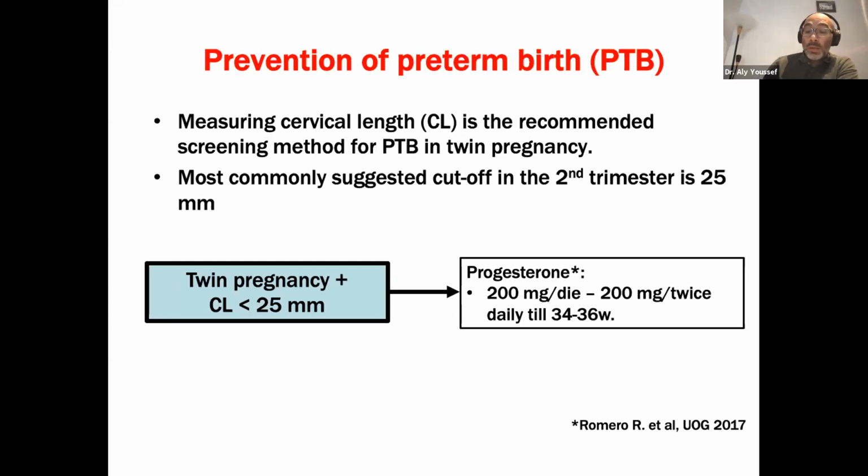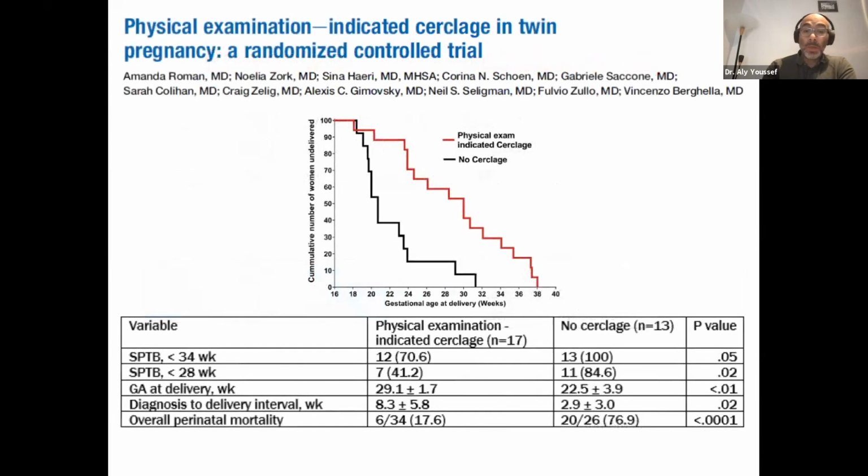So now it is reasonable to measure the cervical length in the second trimester scan in twin pregnancy, and if we have a cervical length less than 25 millimeters, it is advisable to give progesterone.